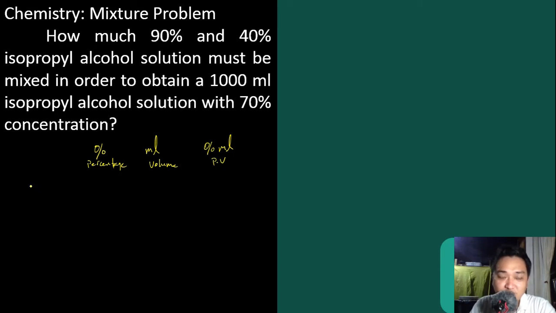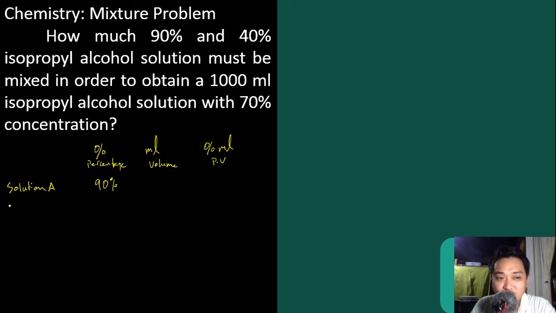Now, we are also dealing here with three sets of solution. That is, the first solution or solution A, ang concentration niya ng isopropyl alcohol is 90%.